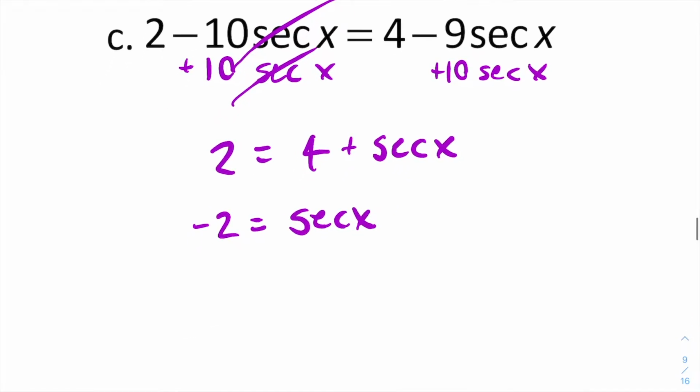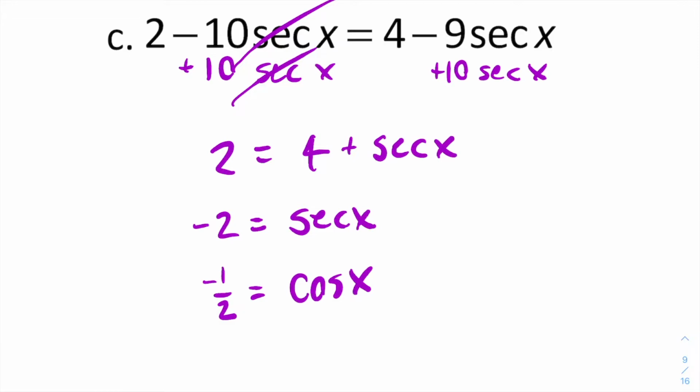I'm not used to dealing with secant, so what I'm going to do is do the reciprocal function. We could do cosine of x, and that's going to be the flipped version of your secant function right there. So I'm going to say that that is negative 1/2. And that's how you undo that right there.